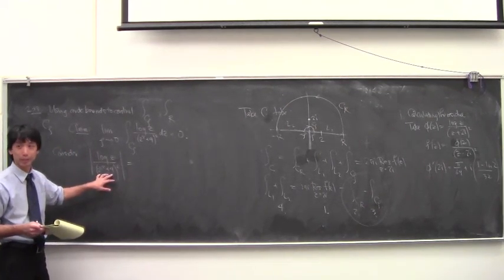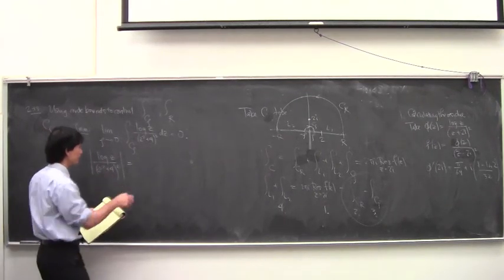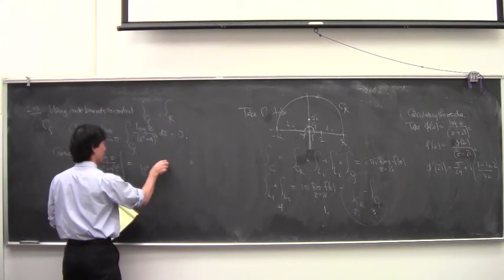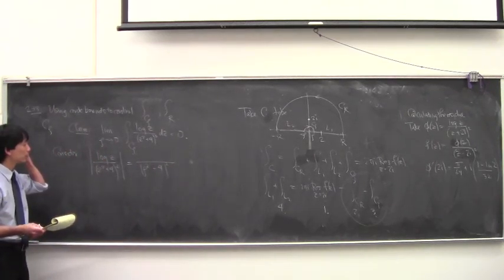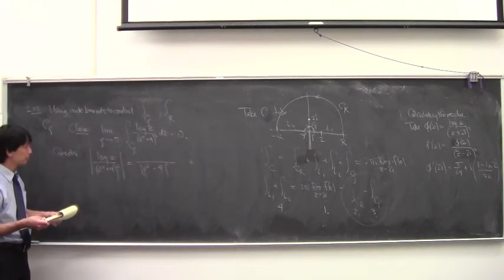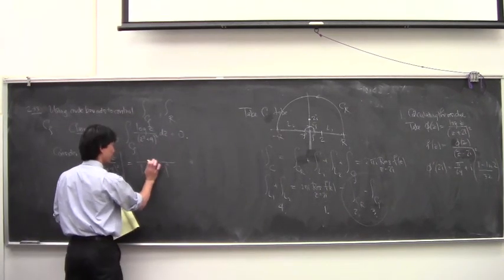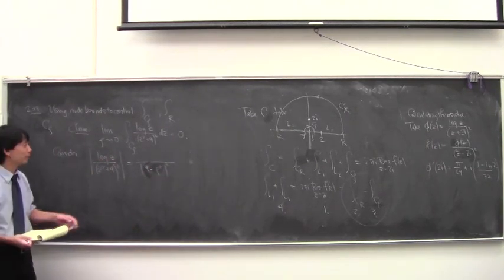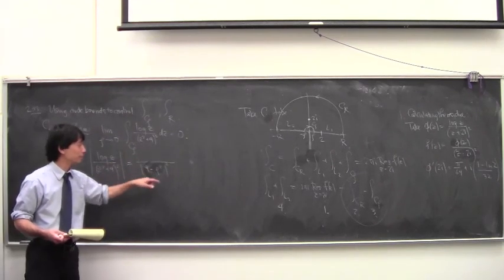Rho squared minus 4 quantity squared, which I'm going to write as 4 minus rho squared. Not that it makes any difference, but our rho is going to go to 0, so just to make it sort of clean looking.